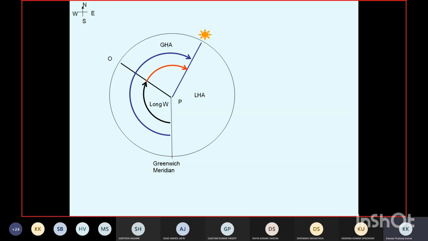So the arc of the equinoctial, or the angle at the pole between the meridian of the observer and the meridian passing through the body measured westwards, is called the local hour angle, because as an observer, for me that is important. So now what is the relationship we are getting, gentlemen? Very important. LHA is equal to GHA minus west long. Write this, very important.